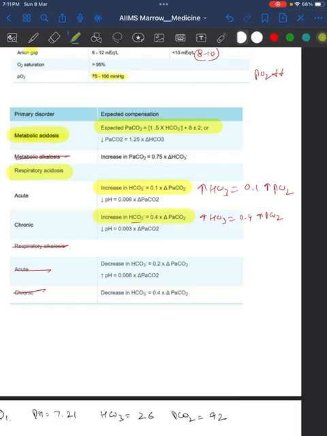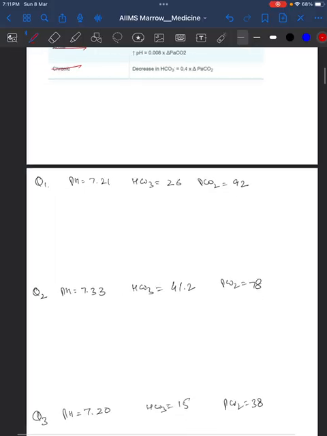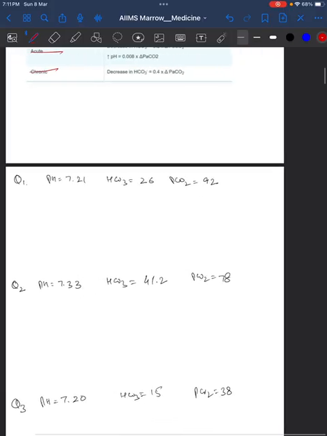So now let's try what all this means. In the first case, the pH is low. We can see the bicarb is 26. Normal bicarb, let's take it as 24. So the change is an increase by 2. PCO2 normal is 40 we are taking. Now the difference from 92, let's take it as 90, it will be around 50. So how much increase? It is almost 5 times.